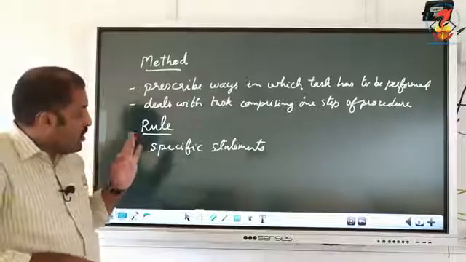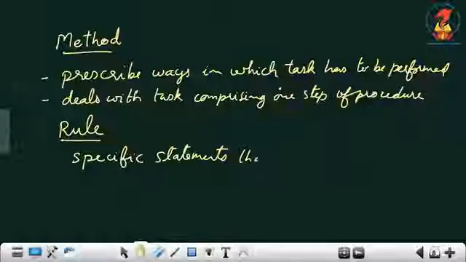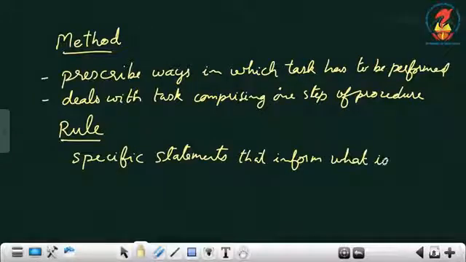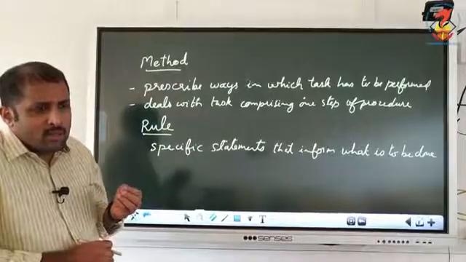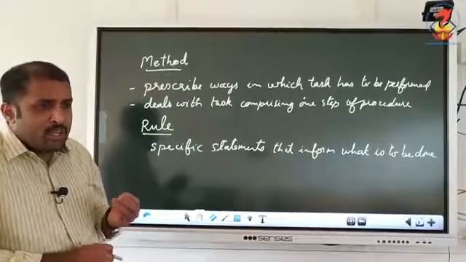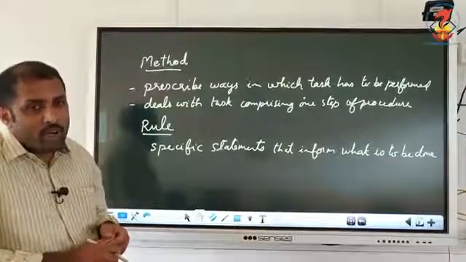So, that is why it is called rules are specific statements that inform what is to be done. And in policy, there can be variations, or there can be a slight flexibility according to the environment.